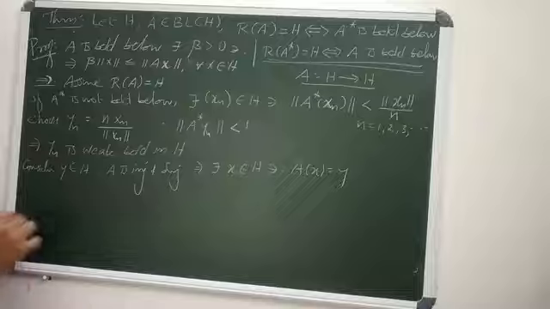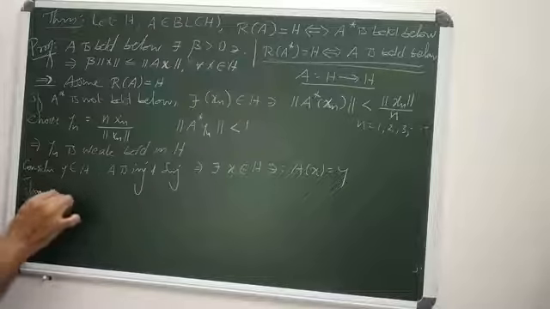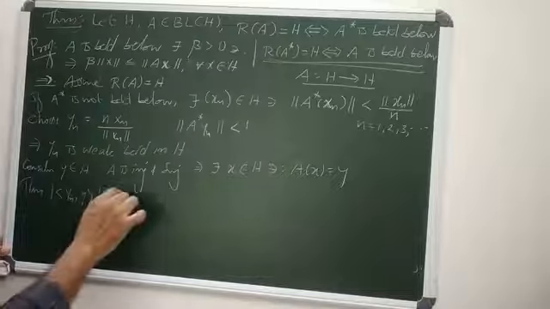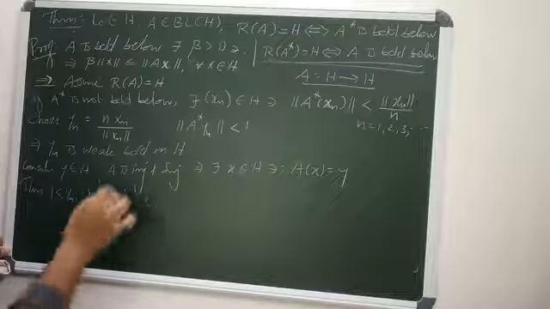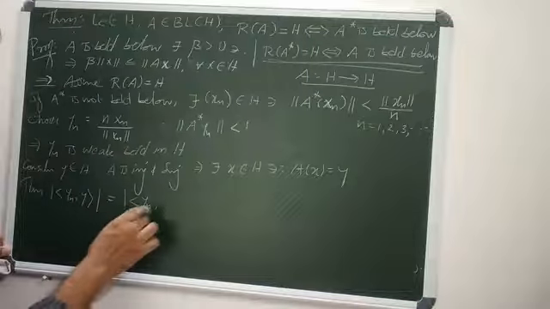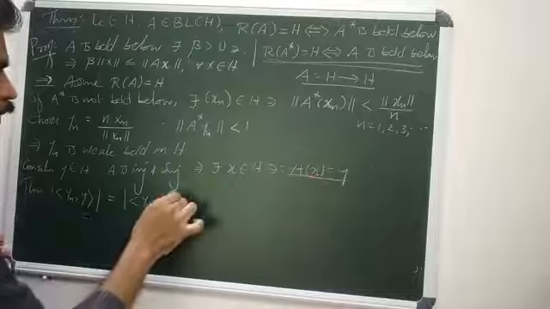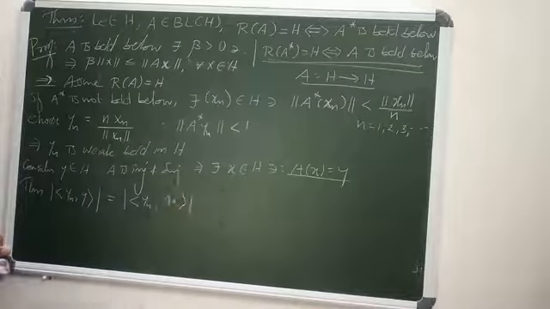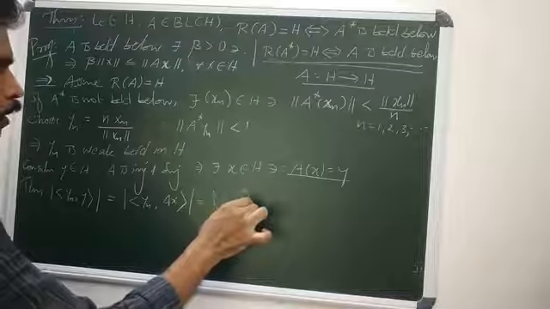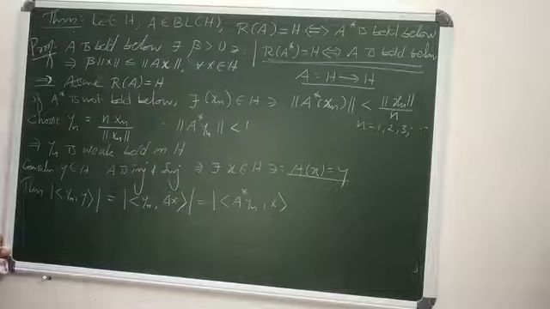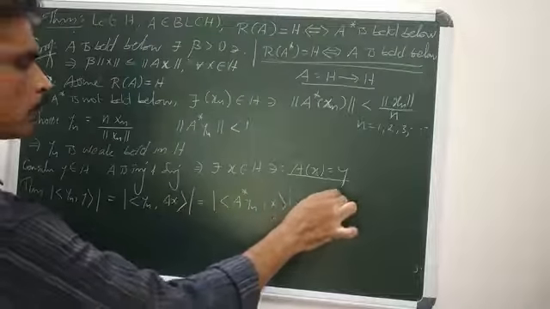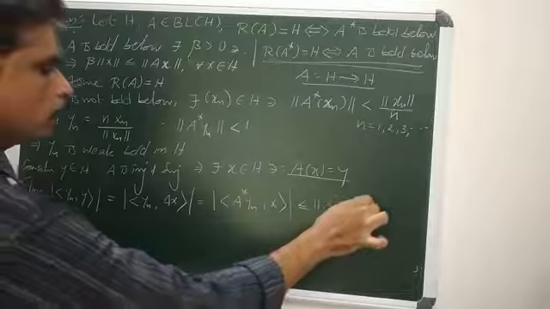equals y. Then, modulus of inner product ⟨y, y⟩ equals modulus of inner product ⟨y_n, y⟩. What is y? Here y equals A of x. So this is ⟨y_n, Ax⟩, which equals modulus of ⟨A* y_n, x⟩, which is less than or equal to norm of A* y_n times norm of x.